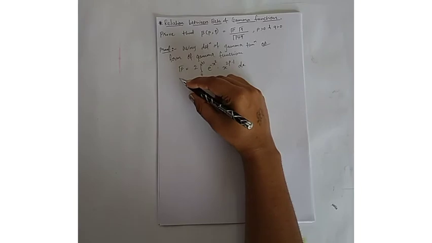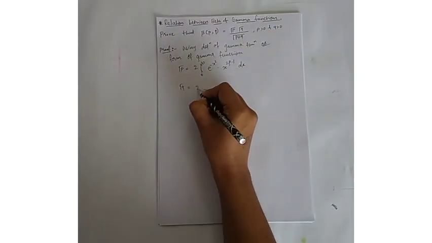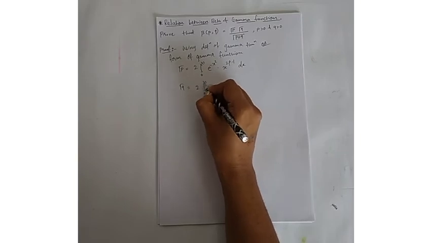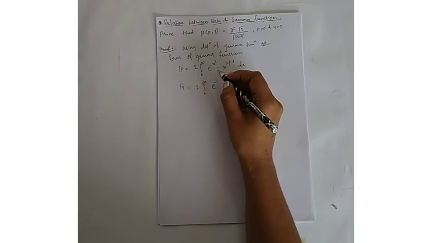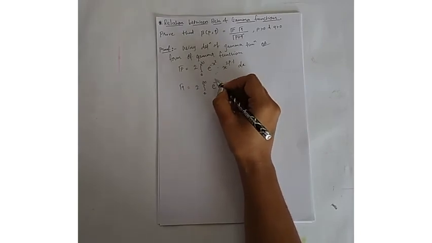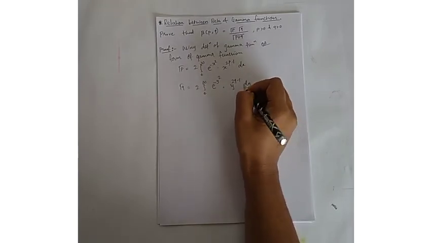In the same form using for q, gamma q is equal to 2 into integration with limit 0 to infinity e raised to minus, suppose I am here writing variable y, so minus y square into y to the power 2q minus 1 into dy.